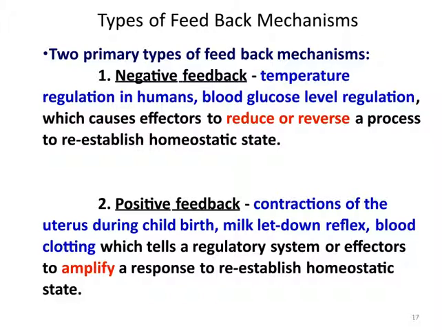Well, those contractions send a stimulus to the brain, and then the brain says, we want to continue these contractions more and more and more. So they're sending the response to the effector to contract that uterus more and more and more, so we're amplifying the response. And the more we have those contractions, the more the baby can get pushed out of the uterus.